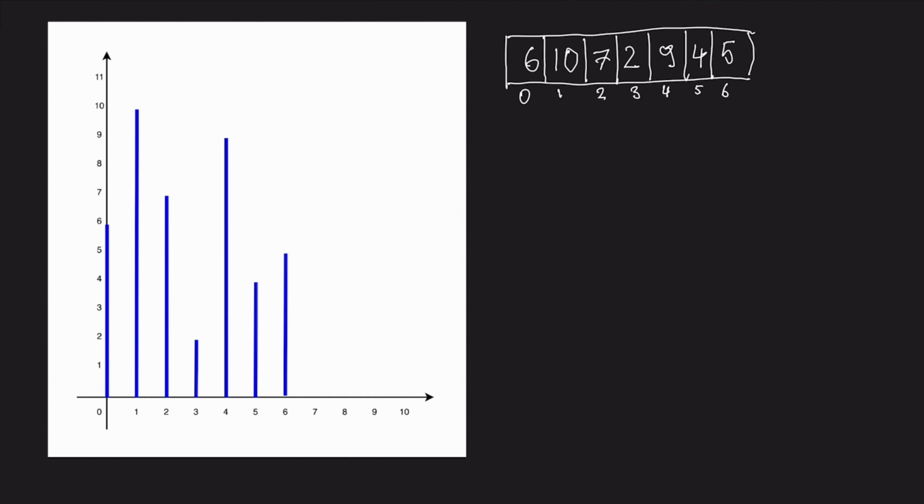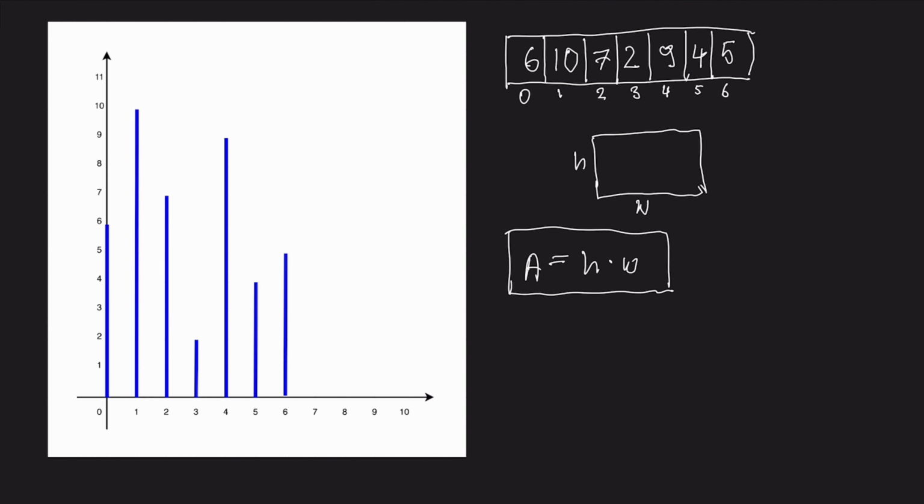The brute force algorithm works, but we can find a better solution with a better time complexity. And in order to do that, let's consider a rectangle. The rectangle has a height h and a width w, and the area of this rectangle would be h times w. Since we are multiplying those two numbers, the bigger each of those two numbers is, the bigger the area is going to be.